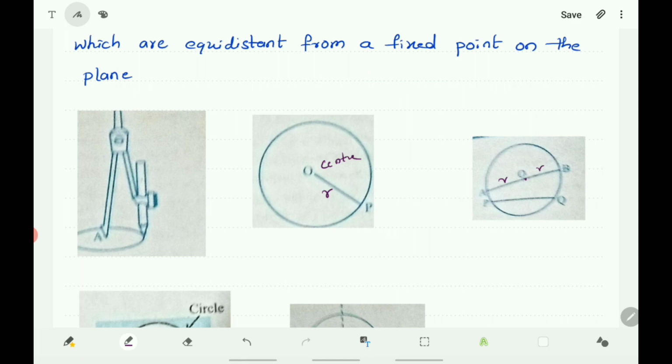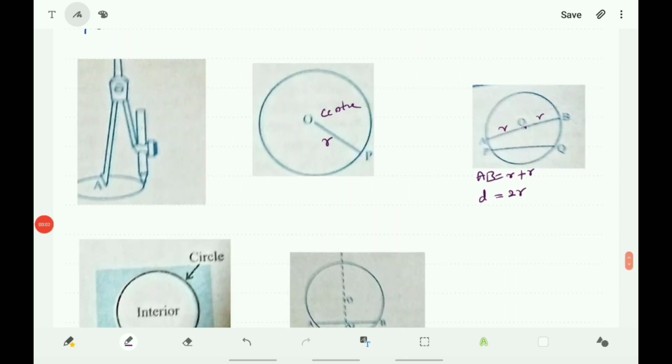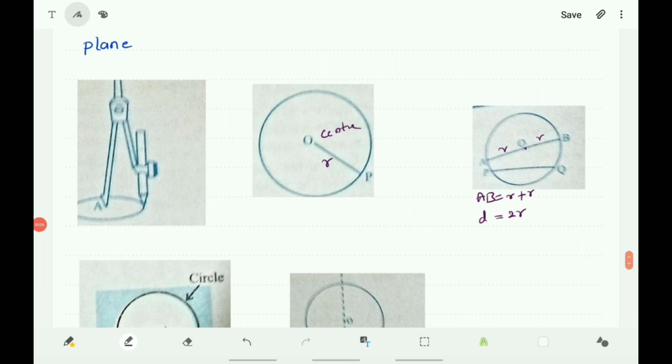You know that AB is equal to R plus R. AB is a diameter, so diameter is equal to 2R. Diameter of a circle is twice the radius, or radius is half of the diameter. And in a circle, you can draw any number of diameters, and all diameters are equal, and all radii are also equal.